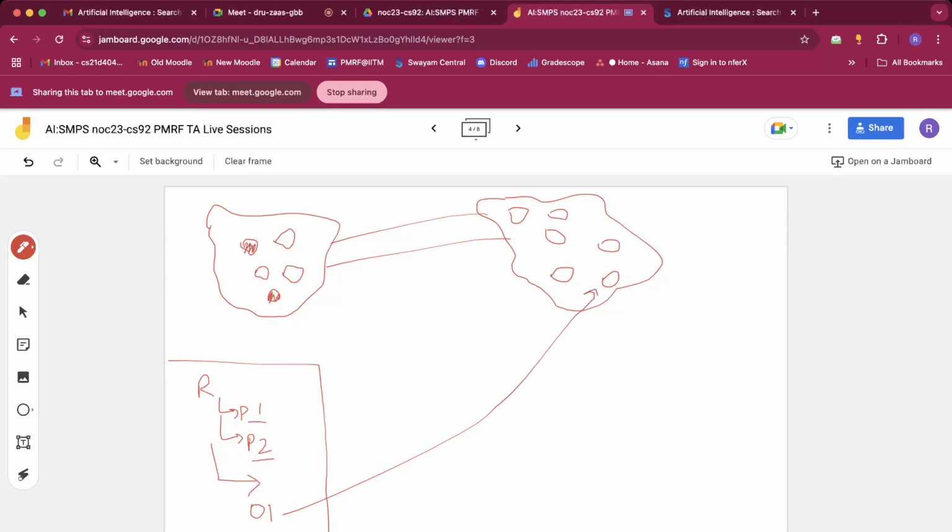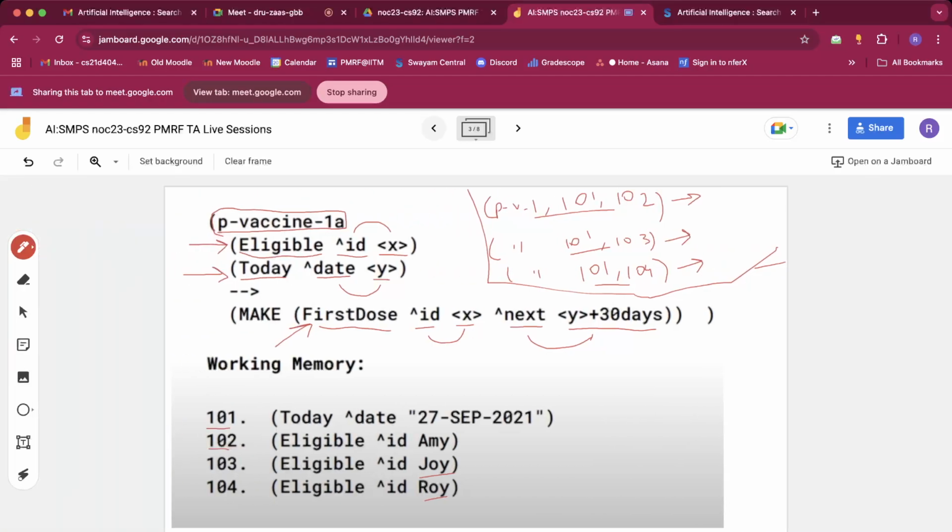So if we apply this logic to what we just saw, this rule will try to match the pattern of eligible ID X with the working memory that it has, and that will match with 102 alone, right? And it will also match with 103 and 104 independently. So there are three candidate values for this X: X could be replaced by Amy, Joy, or Roy.